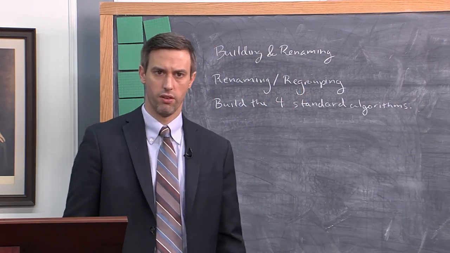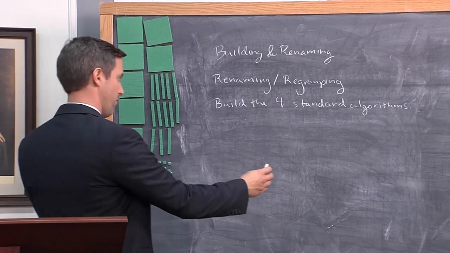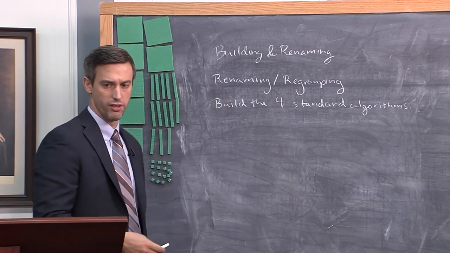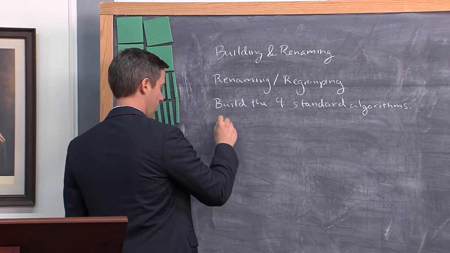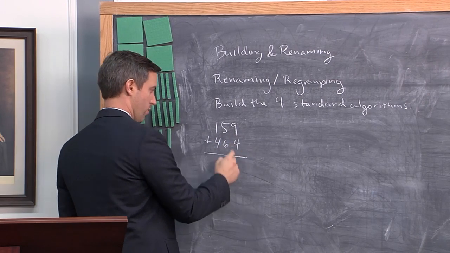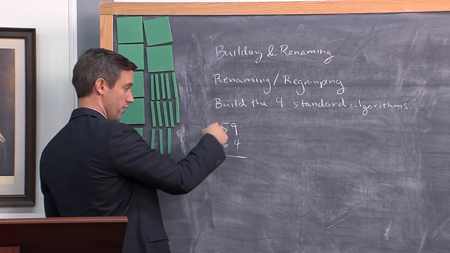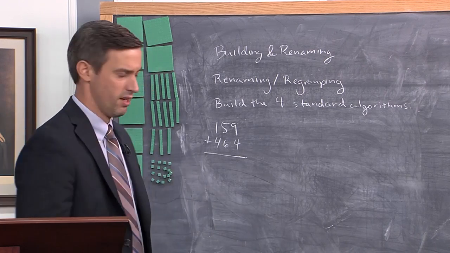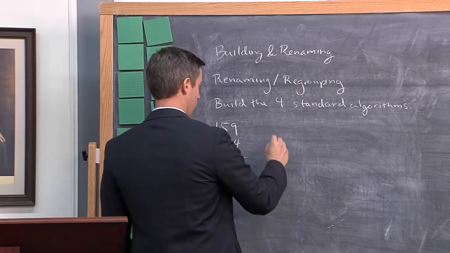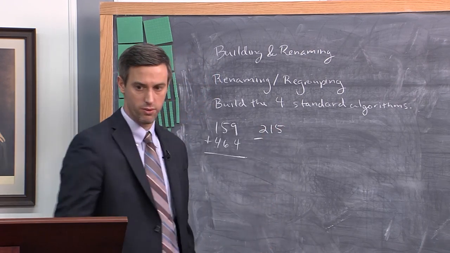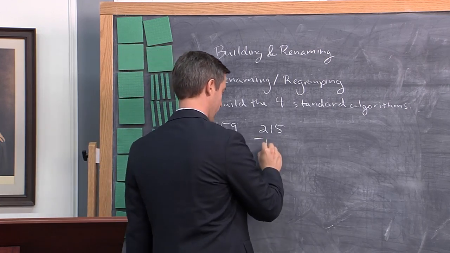The standard algorithms, if you don't know what standard algorithms are, would be the vertical addition. So 159 plus 464, where you're adding vertically and you're quote unquote carrying. We're not going to use that language. Then we have the vertical subtraction, 215, for example, minus 136.